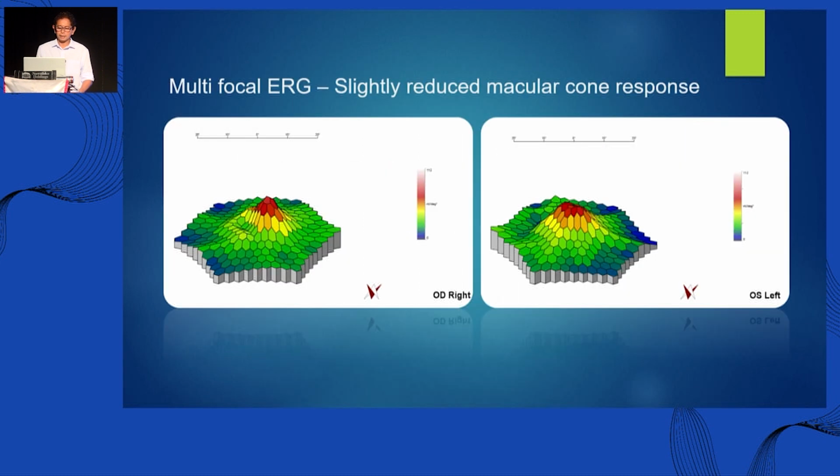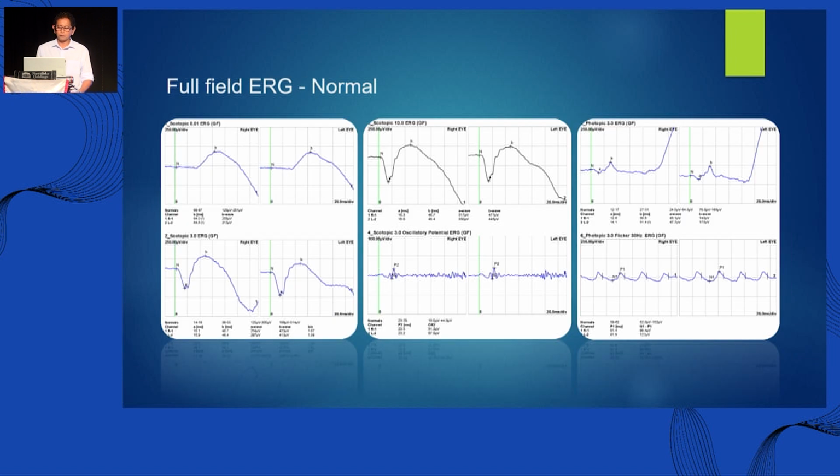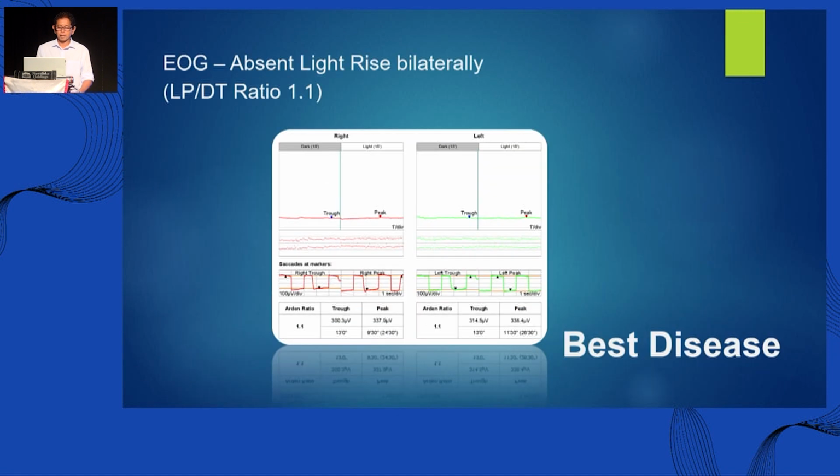Multifocal ERG showed reduction in the macular cone responses. The full field ERG, both photopic and scotopic, was normal. But the EOG has an absent light rise, the light peak to dark trough ratio was about 1.1, which is abnormal, and this confirms the diagnosis of bilateral Best disease.